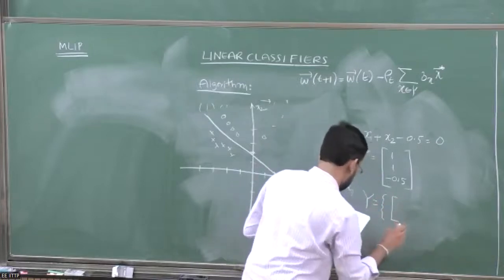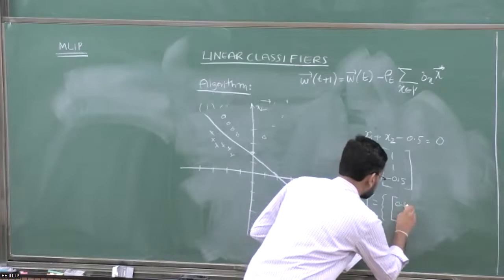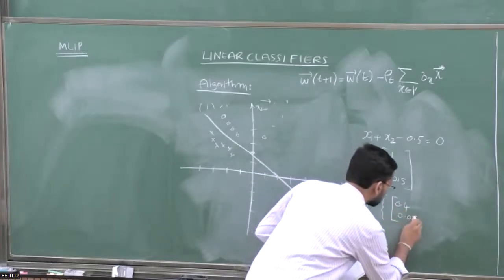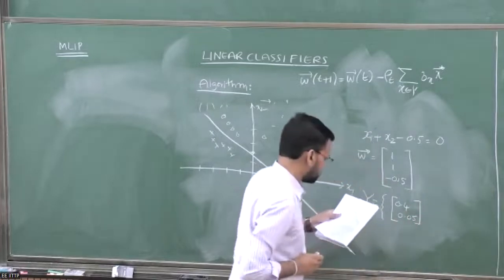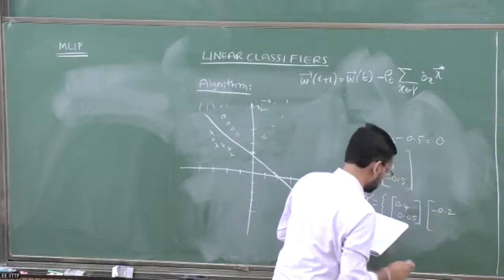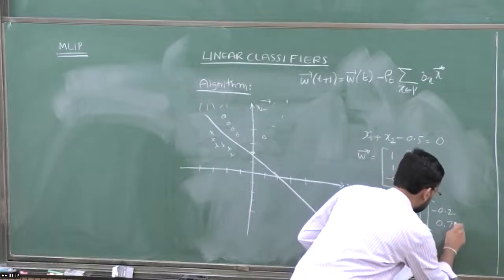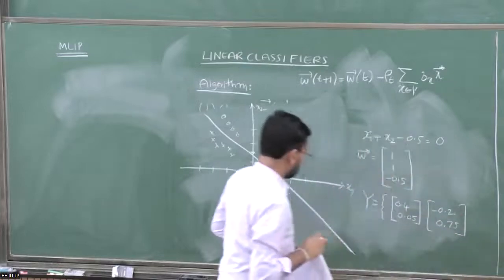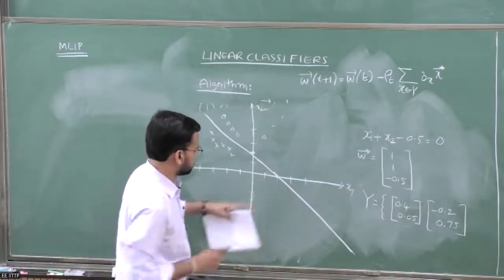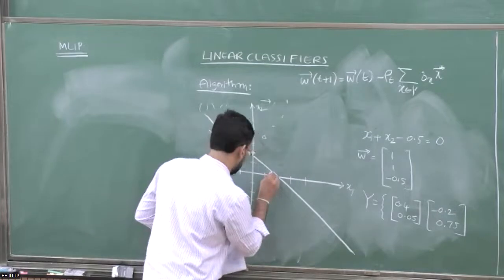One is (0.4, 0.05), somewhere here, which is on the very border.